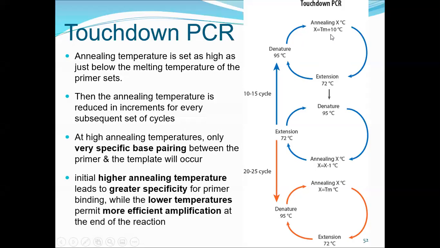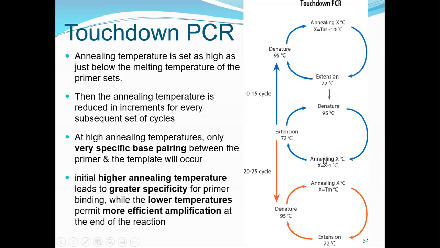what happens is, here the annealing temperature is kept, for example, plus 10 degrees Celsius, TM plus 10, and with each subsequent cycle, like the first cycle it was at around 65, then the second cycle it will be minus 1, that means 64.